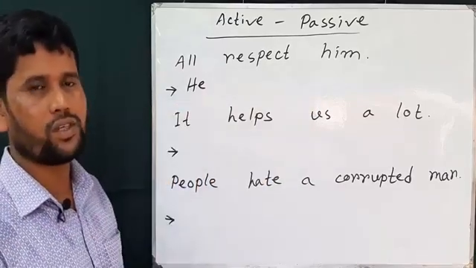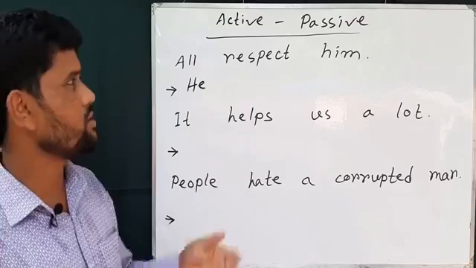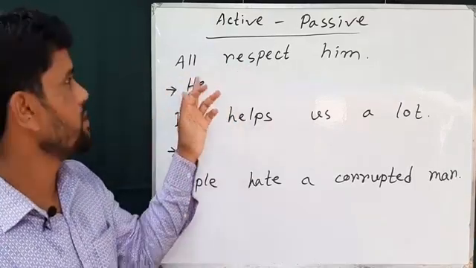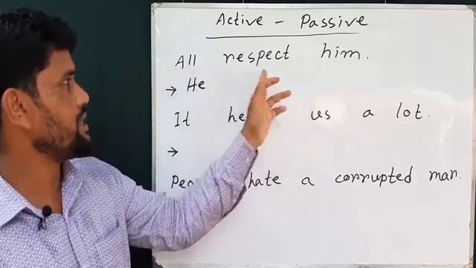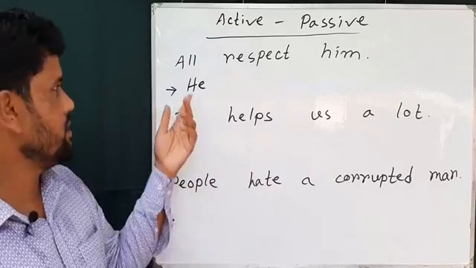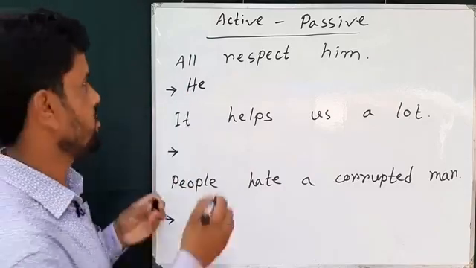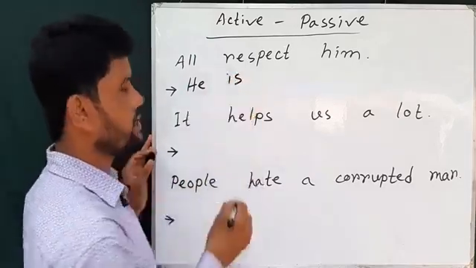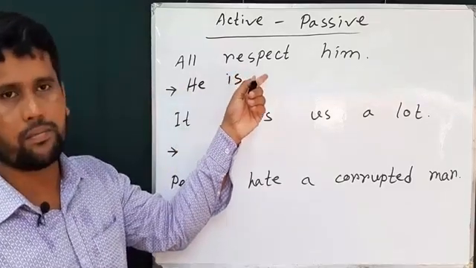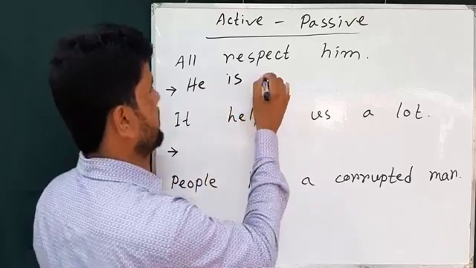Number 2, use an auxiliary verb according to the tense, subject and person. So all respect him, respect is present form, so we can use am, is or are. He is the third person singular, so we can use is. He is. Number 3, you must use the past participle form of verb, respected.